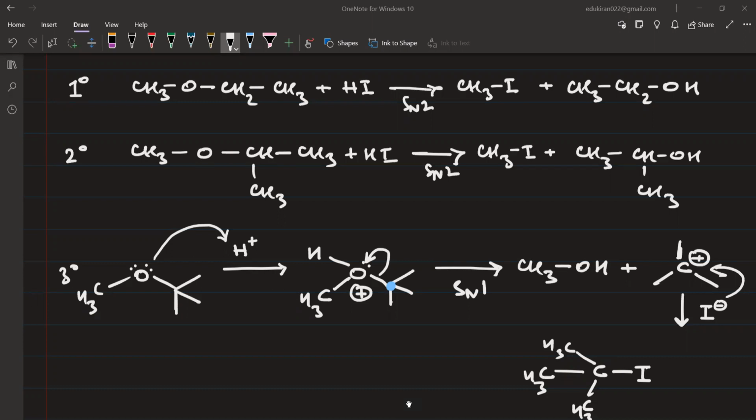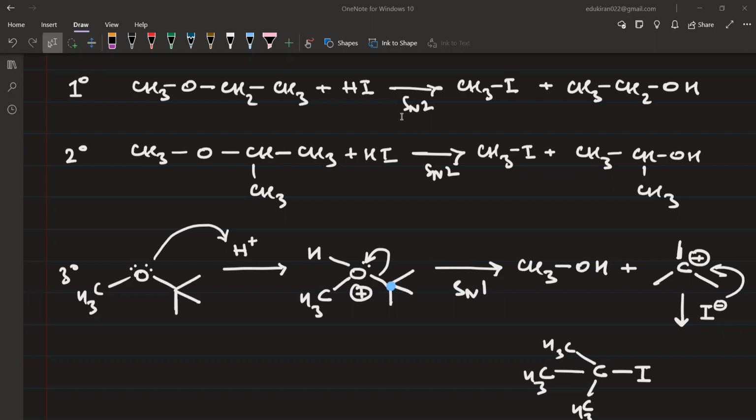No, this is not an exception. It's an example of how things work. See, whenever you have a substitution reaction, it can go either way. It can go either SN2 or SN1. In general, both things happen. Organic chemistry is all about probability, and there are always 2 or more things happening, and which will be more dominant. So in this case, SN1 is more dominant.